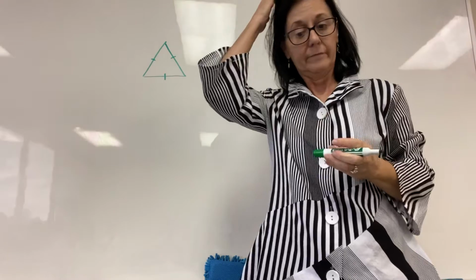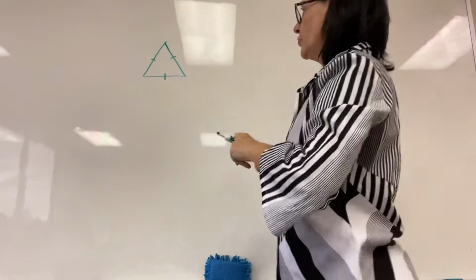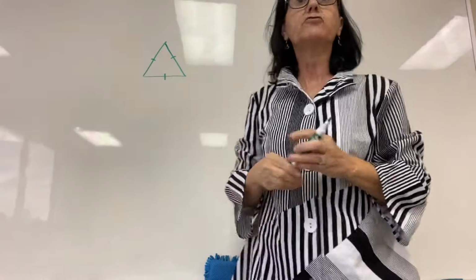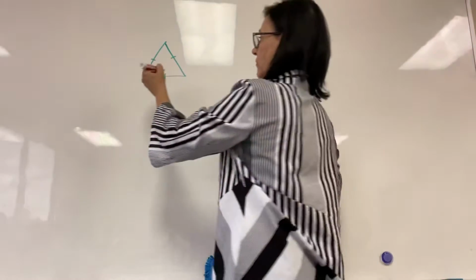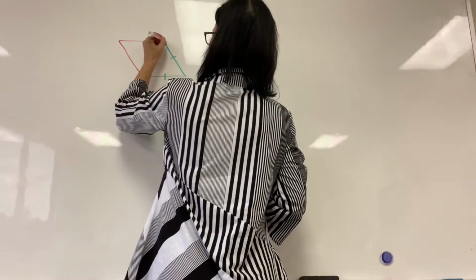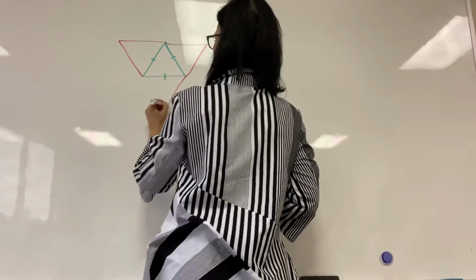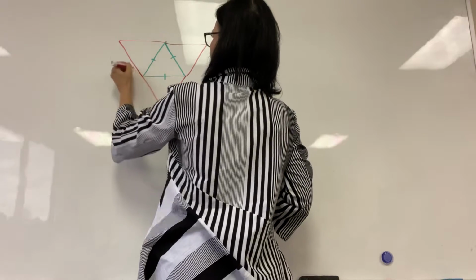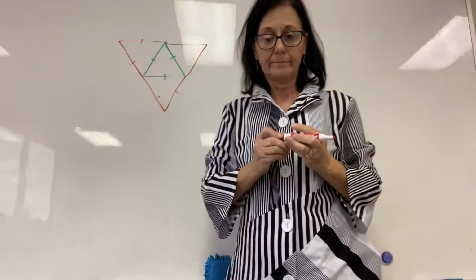And then on each side of the triangle, construct equilateral triangles. So let's say we graph equilateral triangles on each side so that those are also all equilateral.